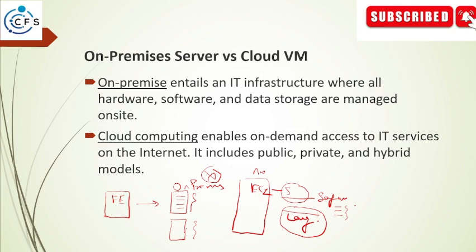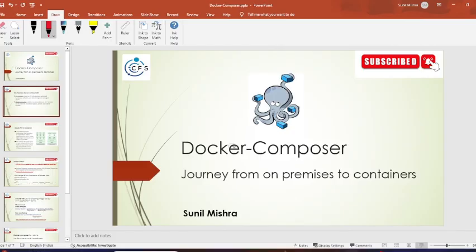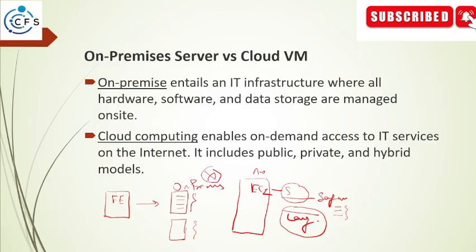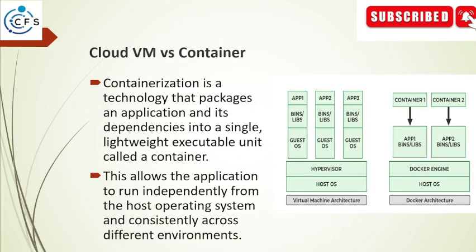That is the problem at the server end, but it is also a problem at the developer machine end. The developer machine may have a different version of software while the servers have a different one. That is the whole problem we have faced between on-premises and cloud VM.